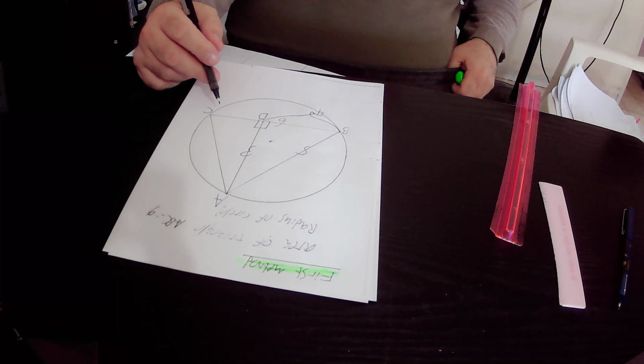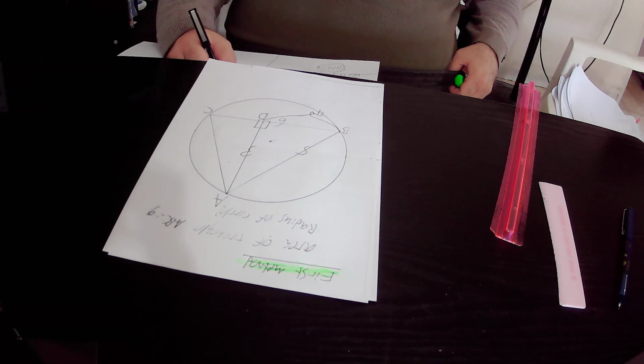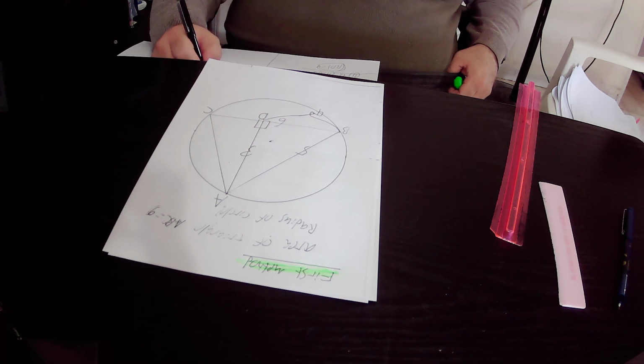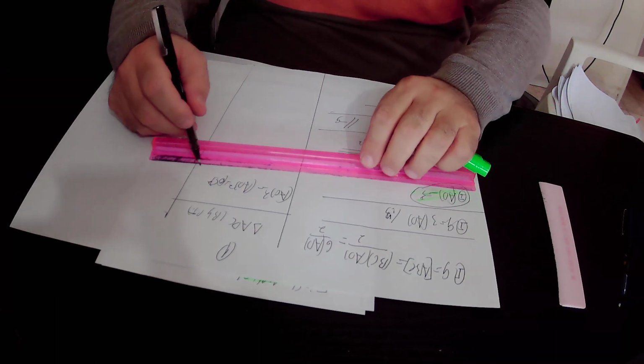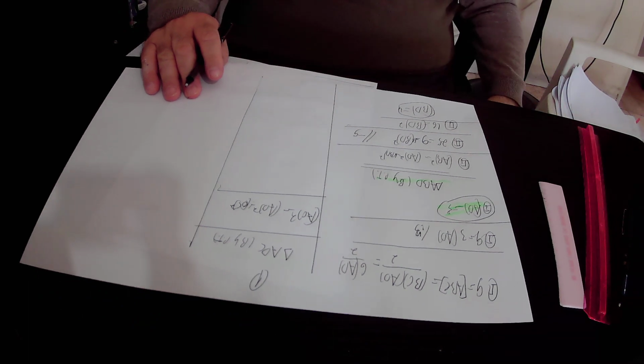The hypotenuse is AC, so the square of the hypotenuse is AC squared, and it must be equal to AD squared plus DC squared. I'll repeat again, in the right triangle ADC, according to the Pythagoras theorem, AC squared equals AD squared plus DC squared.